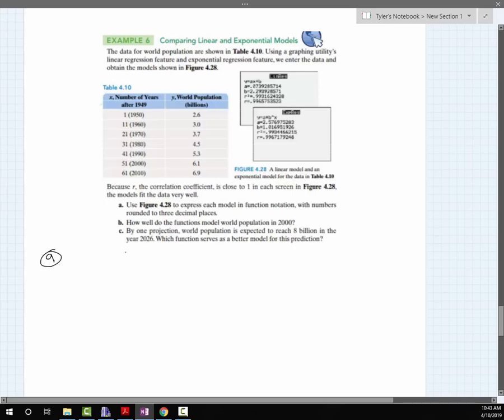Right, so part A we should have had for the linear regression, f of x equals 0.074x plus 2.294, and then for the exponential, we should have had g of x equals 2.577 times 1.017 raised to the x power.